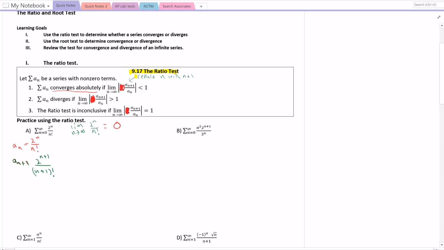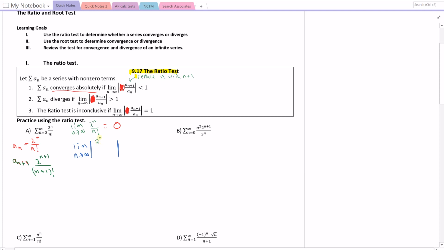And what we're going to do is write the limit as n goes to infinity of the absolute value. Remember, all the absolute value is going to do is take away one of those negative 1 to the n power or n plus 1 power, something like that. And we're going to put the n plus 1 term on the top.